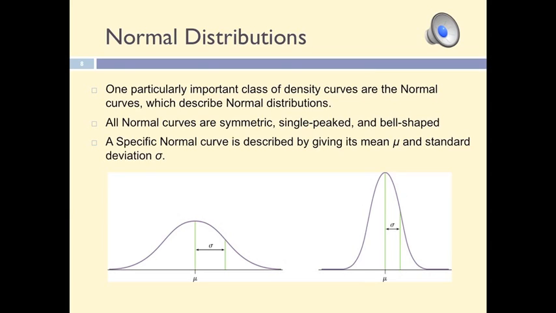Normal distributions are typically described by reporting the mean, which shows where the center is located, and the standard deviation, which shows the spread of the curve or the distance from the mean. When the standard deviation is large, like the example on the left, the curve is wider. When the standard deviation is small, the curve is narrower, like the example on the right.